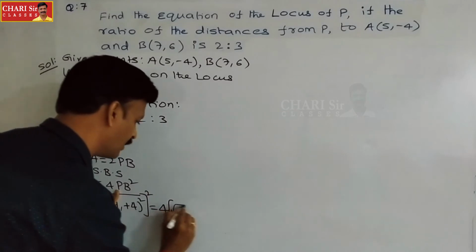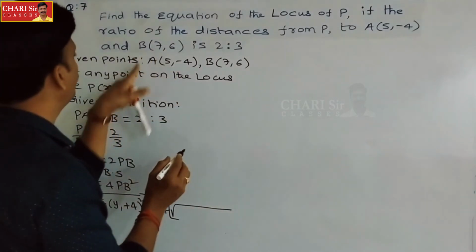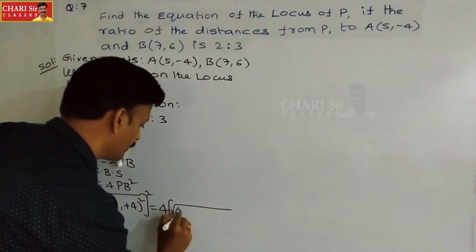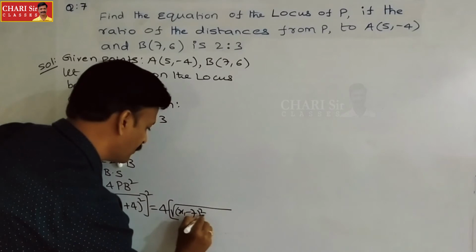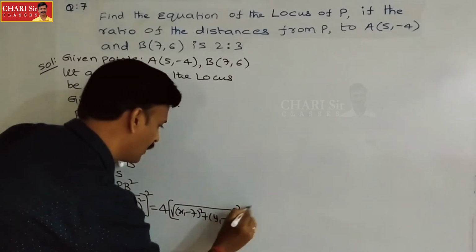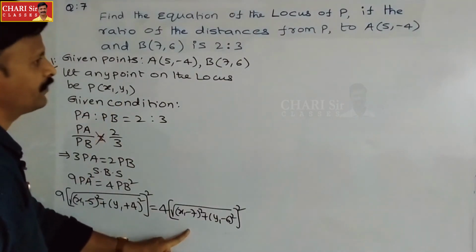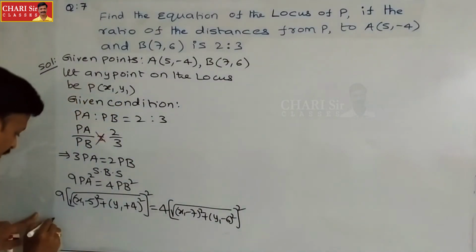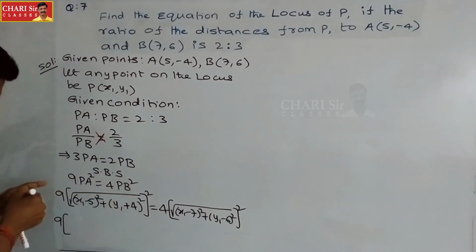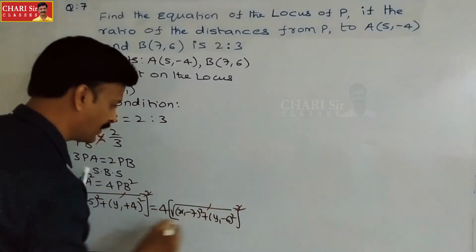PB square means under root of, you can write that P and B. So (x1 minus 7) whole square plus (y1 minus 6) whole square, and whole square, like this. Now we need to expand this. So 9 into, and first squares are there, square roots are there. Squares and square root will get cancelled.